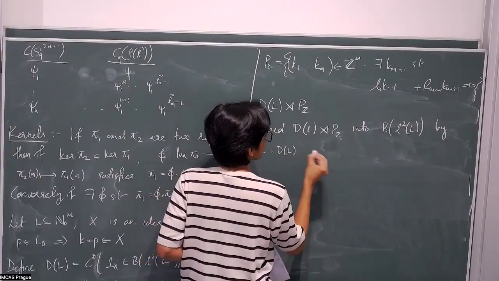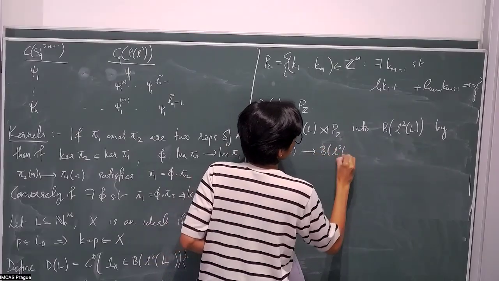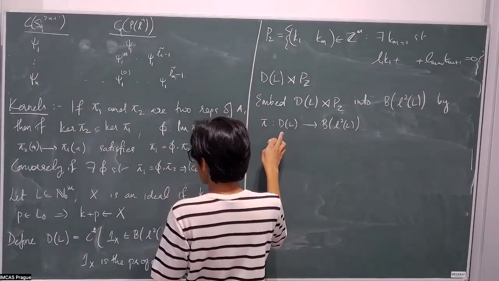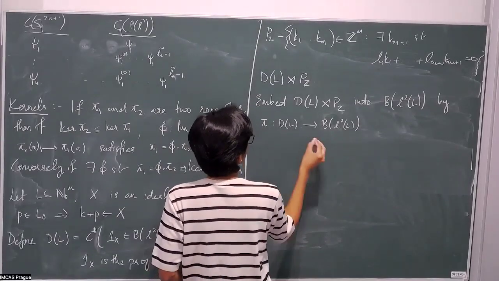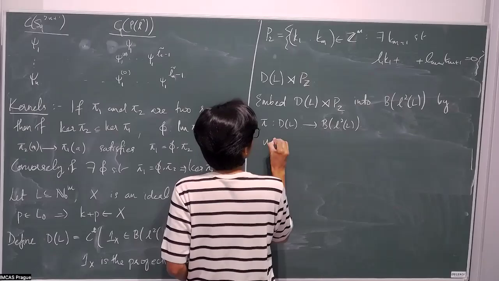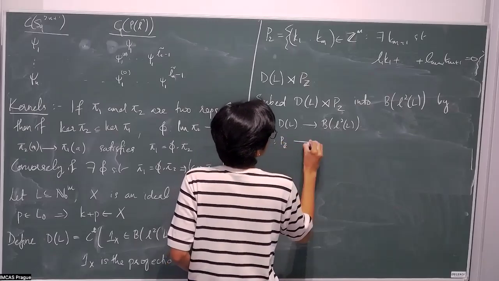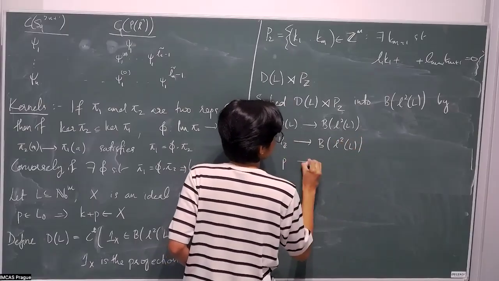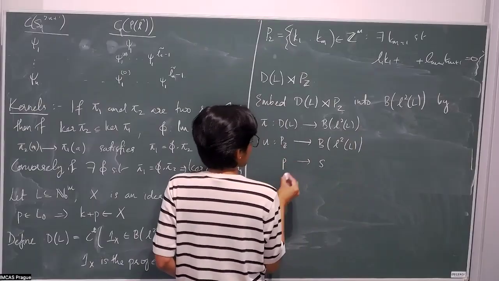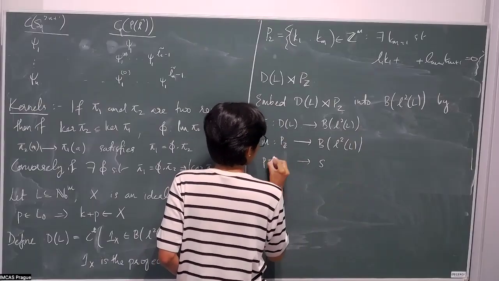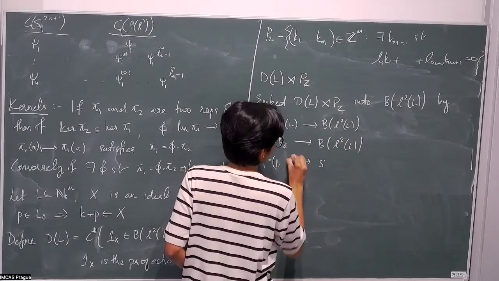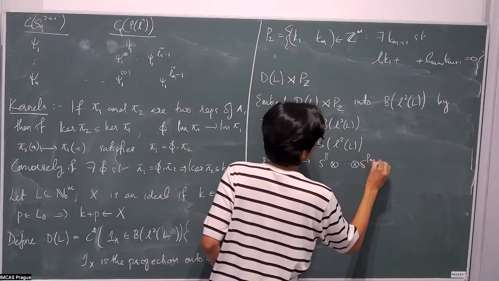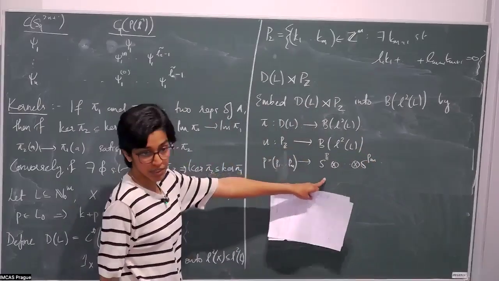So for that I can define a map here, which is just the usual inclusion, because this algebra is already sitting inside B of L2 of L. And then for U, I can map the group to B of L2 of L by sending an element p to the shift operator S_p tensor, sending it to this shift operator.